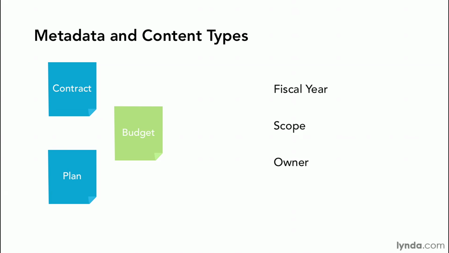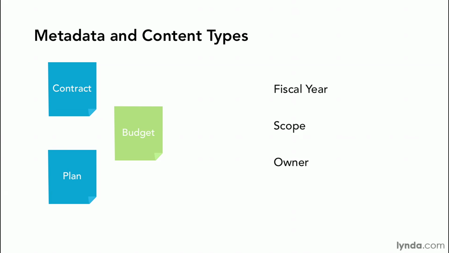But that's the long way around the block. The fast way is to notice that we actually have 2 or 3 different types of documents that we might want to store in a library. One type might be contracts, one type might be budgets, and one type might be plans. And there's one more reason that we want to think of it this way. Because what's true is we really don't want the library to have metadata.